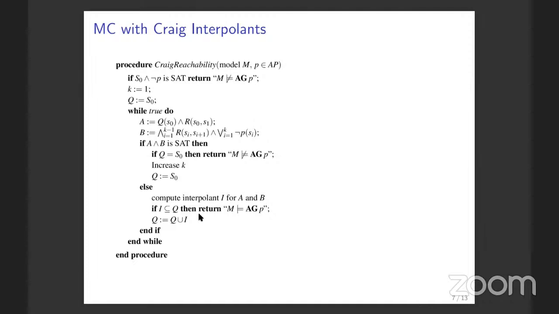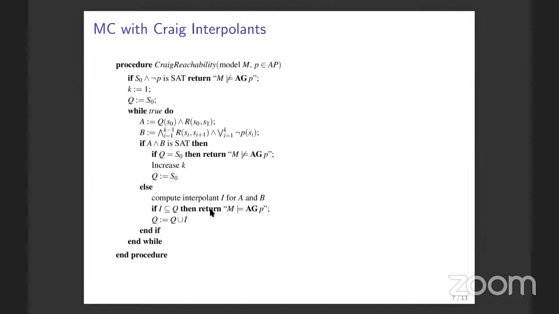But if that check ends up intersecting with the bad states, then I will have to go back and start afresh from the initial state with a longer K. This check itself will not reveal an error, because it's an over approximated image. Just because it failed here doesn't mean that there is an error.